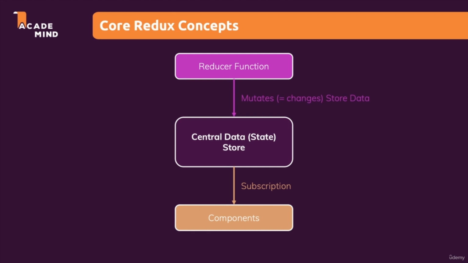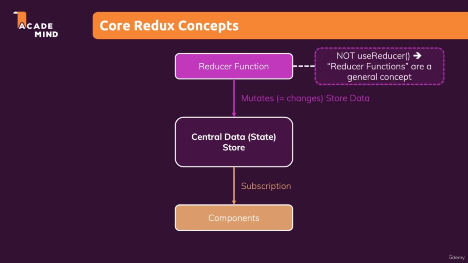Now, one important note here, the term reducer is of course something we have heard before with useReducer, and the reducer function here is not that useReducer hook we learned about. Reducer functions in general are just a general concept. Reducer functions are functions which take some input and then transform that input.